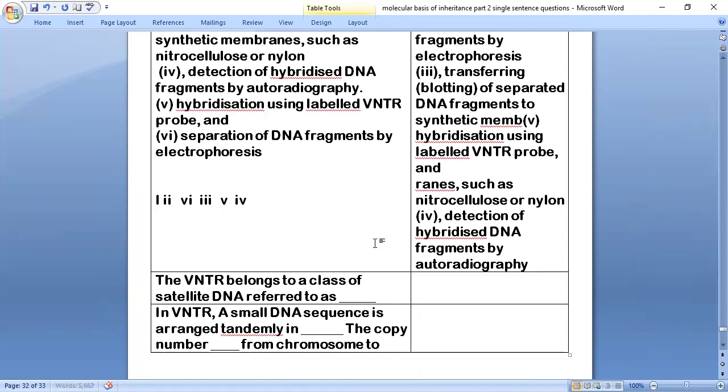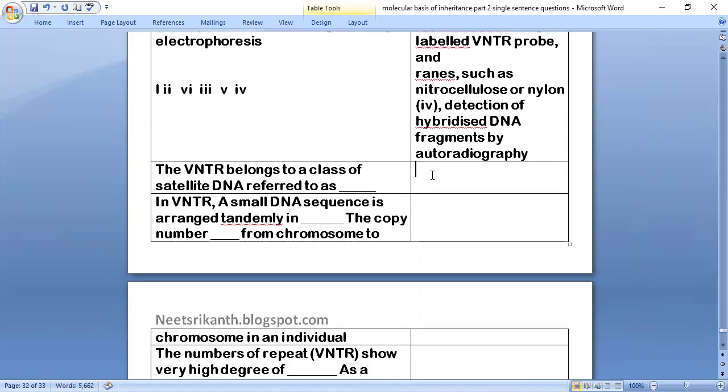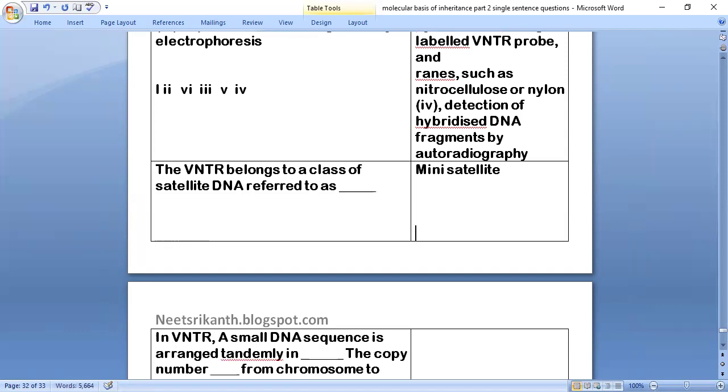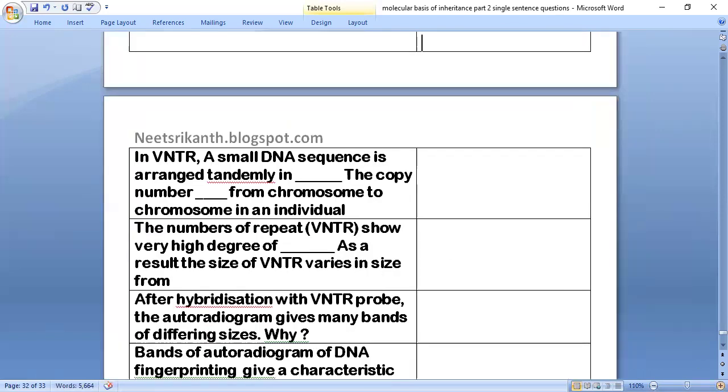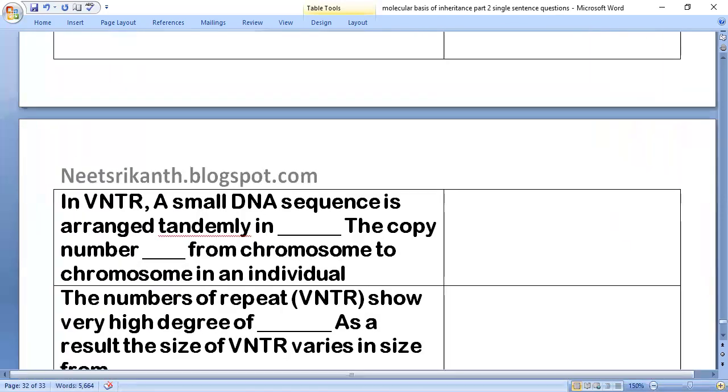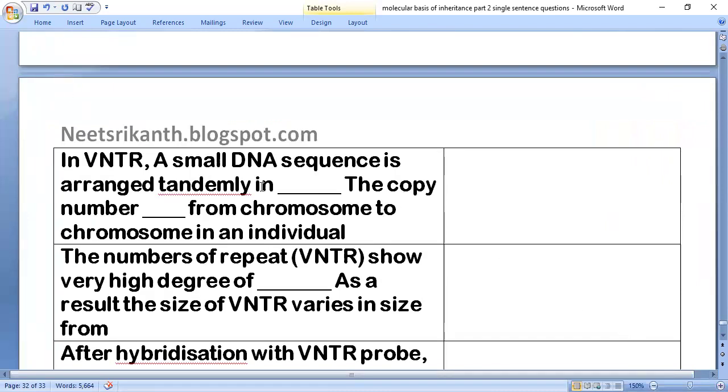VNTR belongs to a class of satellite DNA referred to as minisatellite. In VNTR, a small DNA sequence is arranged randomly in many copy numbers.